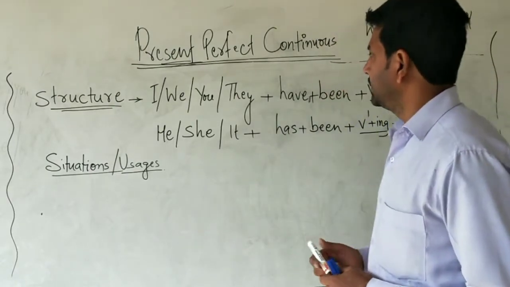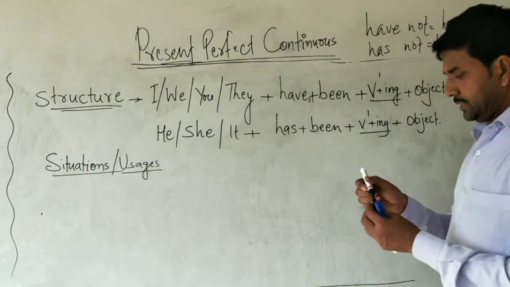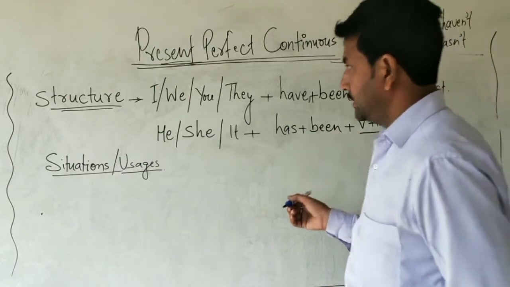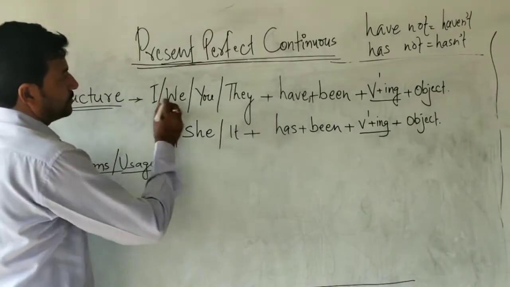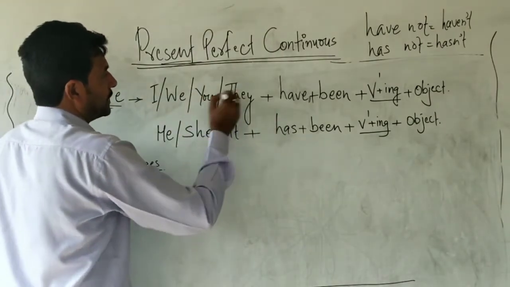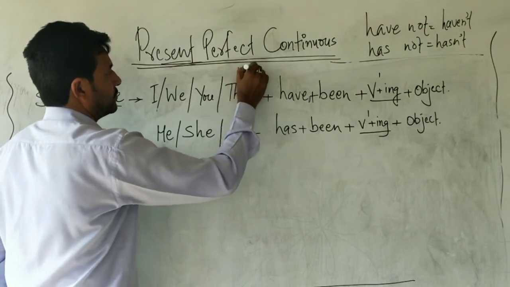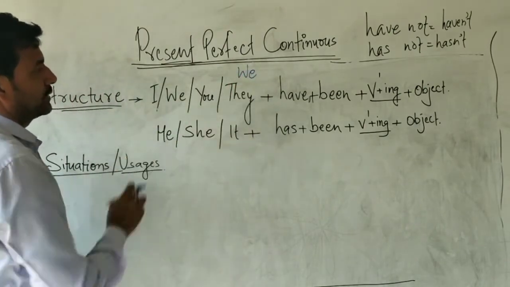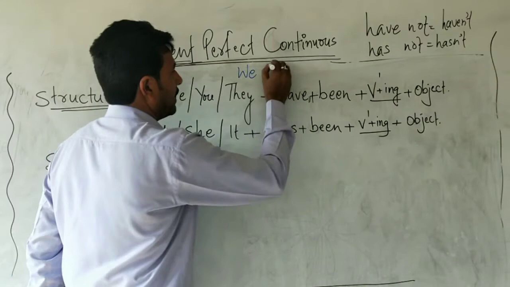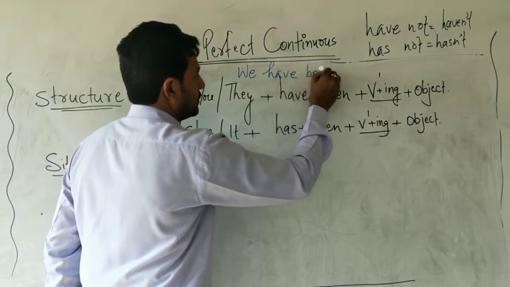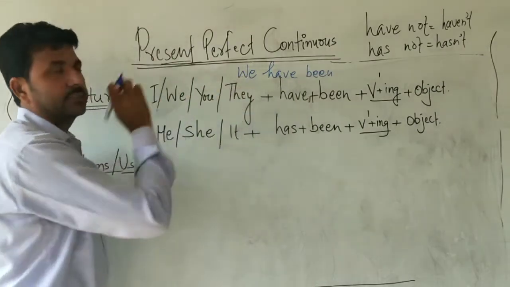Let us see one or two examples. For example, on this, take any subject. We have taken this, we, then have, then been. Only you have to select the subject.